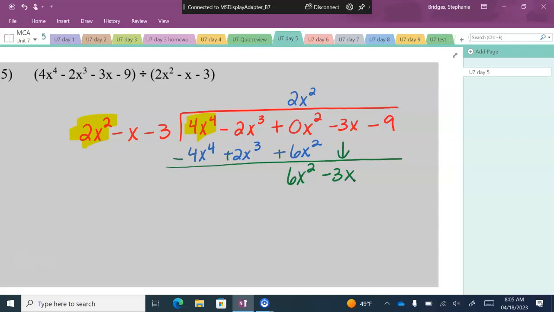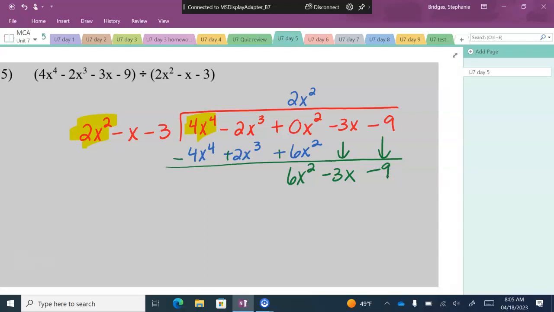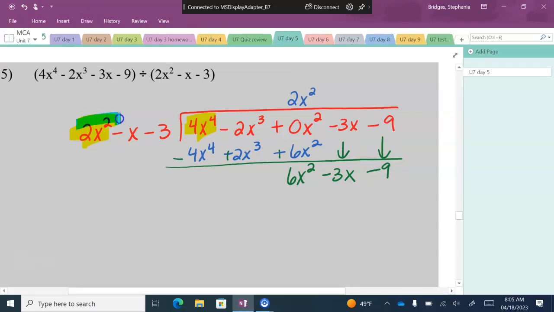So since I have 3 terms right here and I only have 2 terms here, I'm going to go ahead and bring down that -9 as well. Because I have to have 3 terms to divide 3 terms into, if that makes any sense. Because in my final answer, I don't need placeholders. I just need placeholders to divide. And we're going to start over again. What do I multiply 2x squared by to turn it into 6x squared?